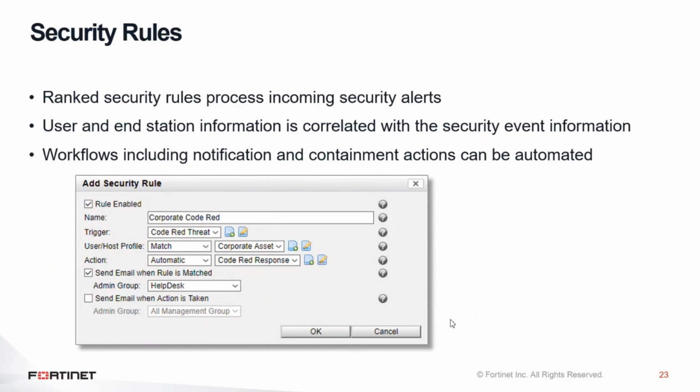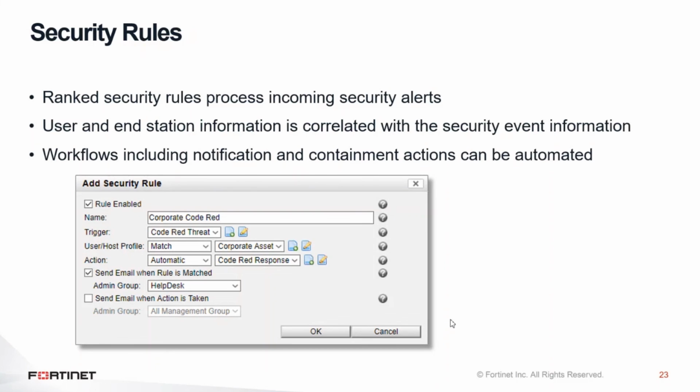So talking about the security rules, this is also part of the control aspect of FortiNAC. The security rules are created by the FortiNAC administrator based on the desired output that is needed at that point in time.